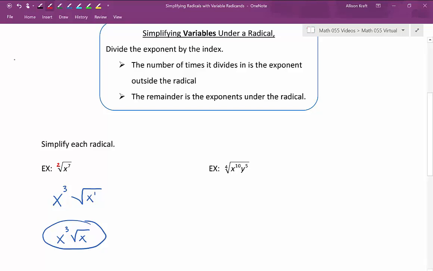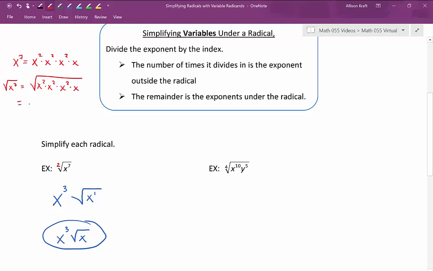So, for example, x to the 7th, I know that if the exponent and the index match, they're going to cancel out. So we want to figure out how many x squareds are inside x to the 7th. So this is the same as x squared times x squared times x squared times x. So the square root of x to the 7th is equal to the square root of x squared times x squared times x squared times x.